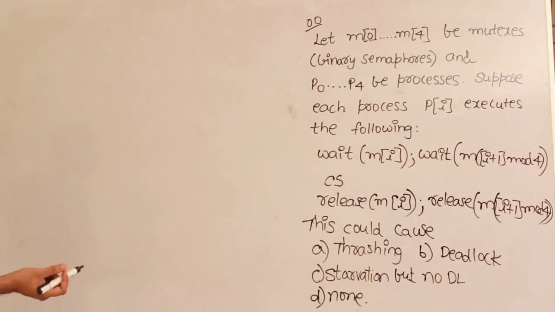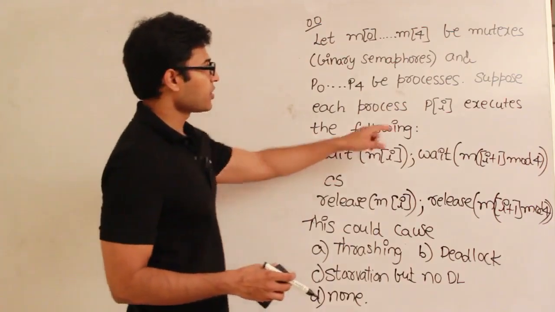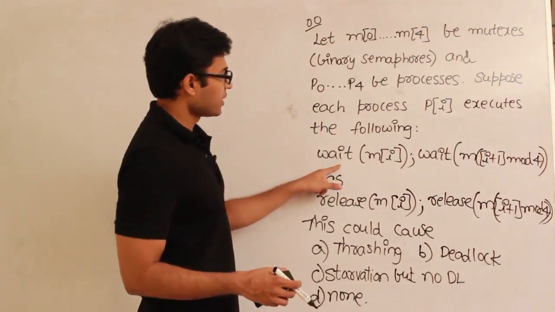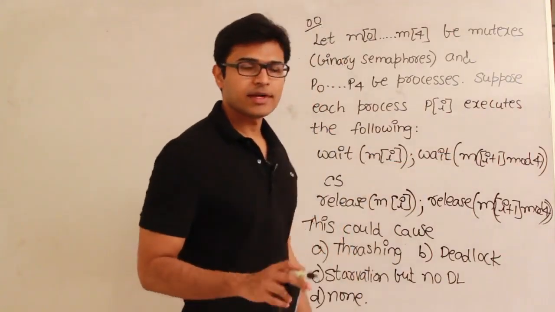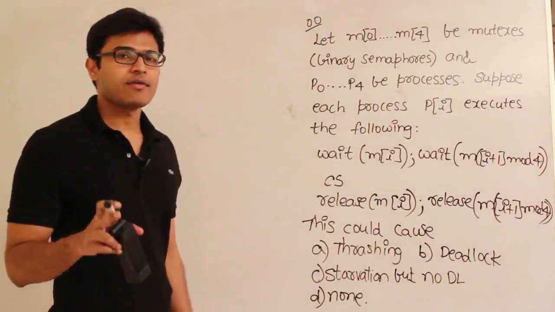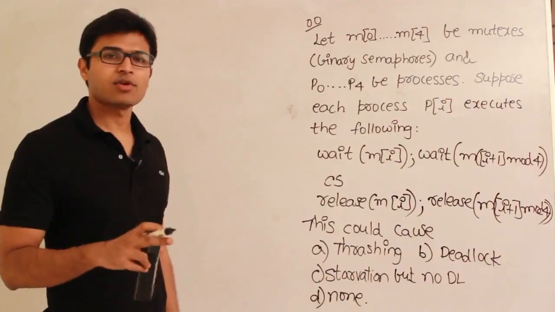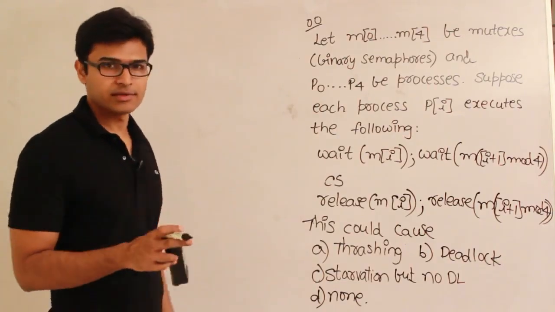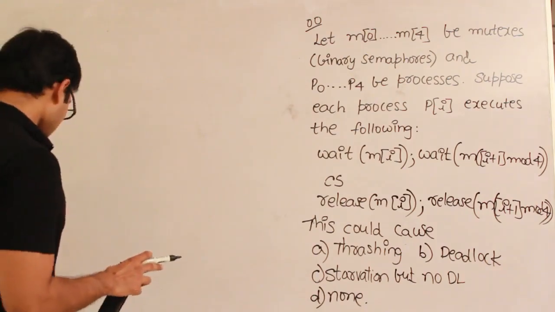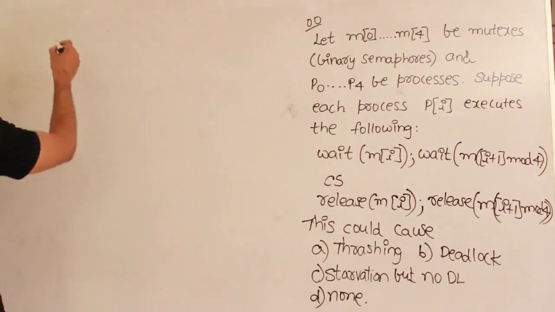Now if you look at the code, each process Pi is trying to take mutex Mi and then M(i+1) mod 4. So let's see how many processes there are and what mutexes every process wants. Instead of writing wait and release, I'll just write P and V. That is a simple representation. Now let's see what happens to P0.